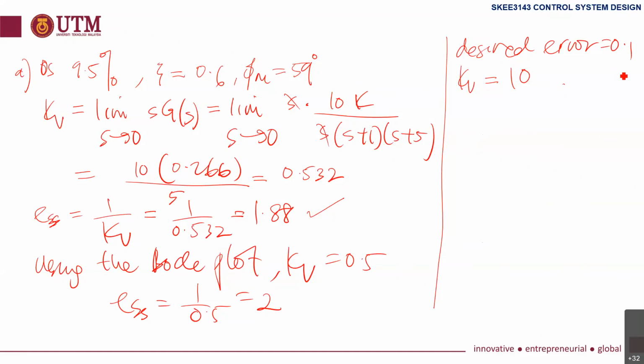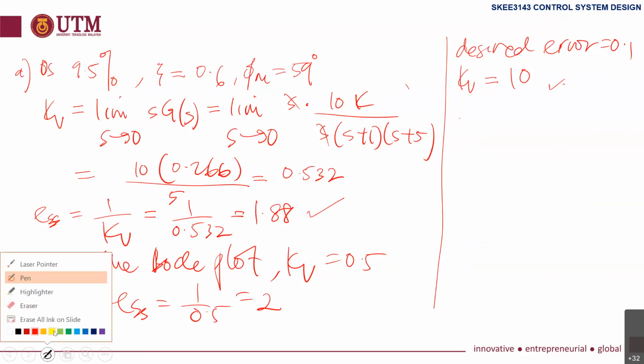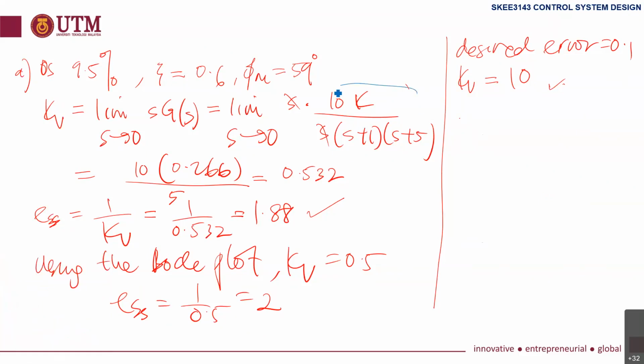We need to calculate a new K in order to get this KV. Using the formula to calculate KV, new KV equal to 10K divided by 5. New KV is 10, so 10K over 5 equal to 10.